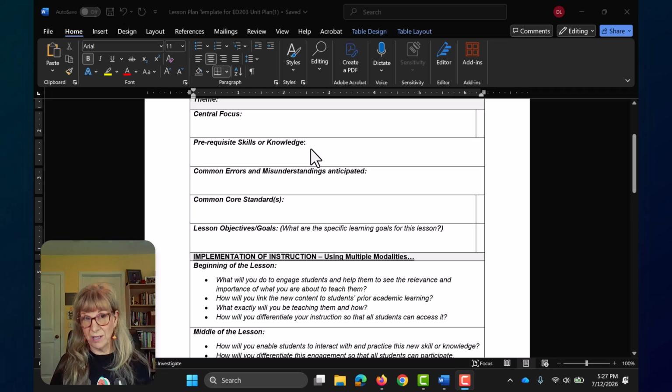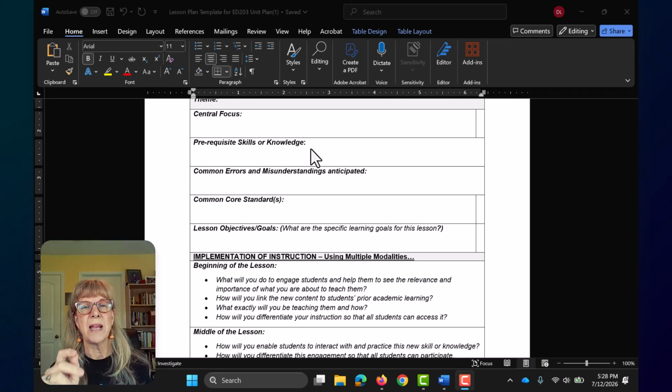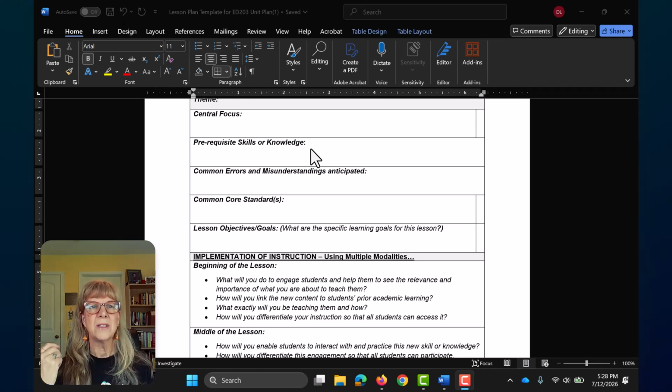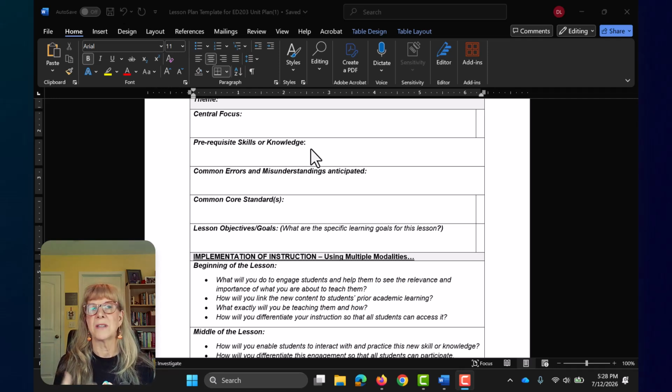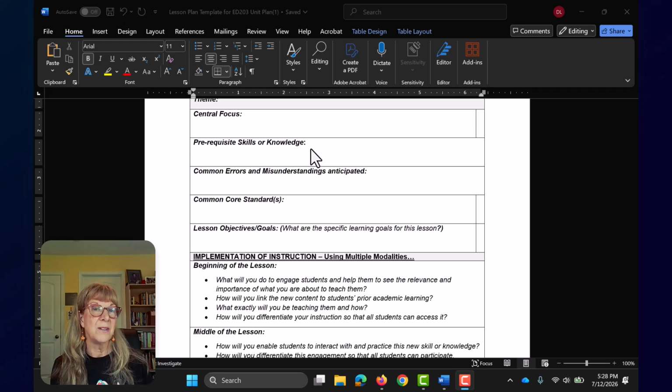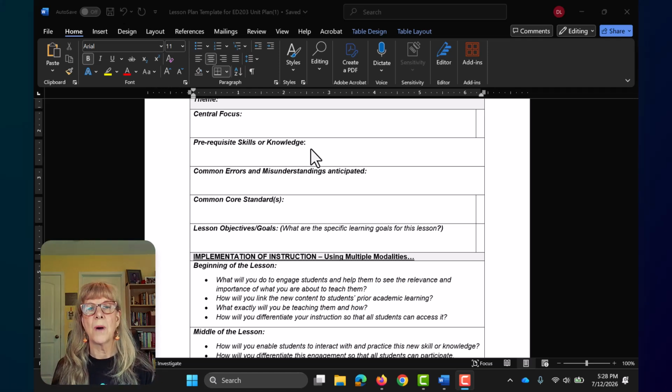Prerequisite skills and knowledge. Now, this and the common errors and misunderstandings anticipated sections are trickier for you until you start teaching them. Once you've taught for a year, then you've got really great experience and you know what to expect. You know what's going to trip students up. You know what they're going to be confused about that's going to take a little bit longer for them to learn. You're going to understand what they need to know first before you can engage in this lesson. But for right now, think about your learning of this concept.